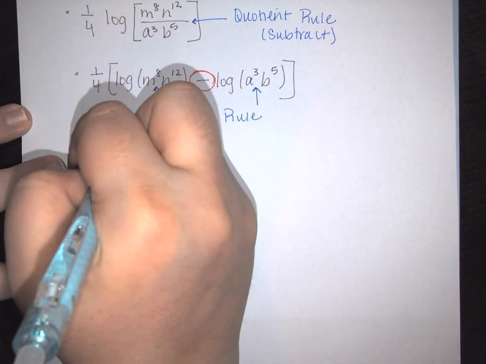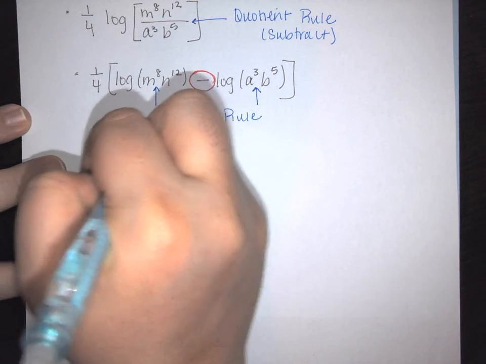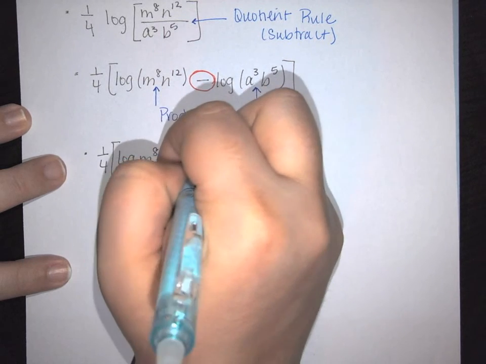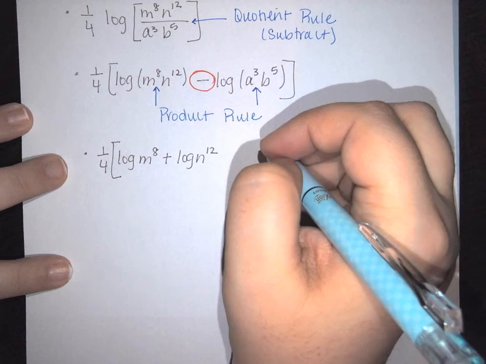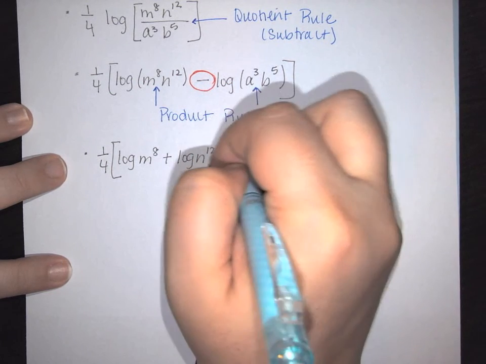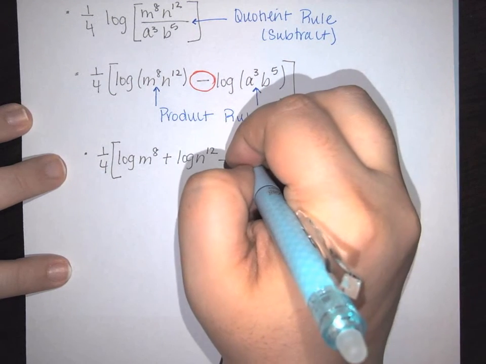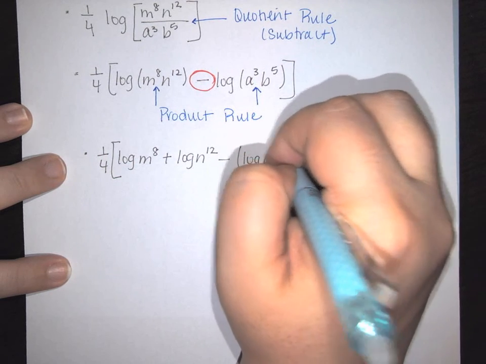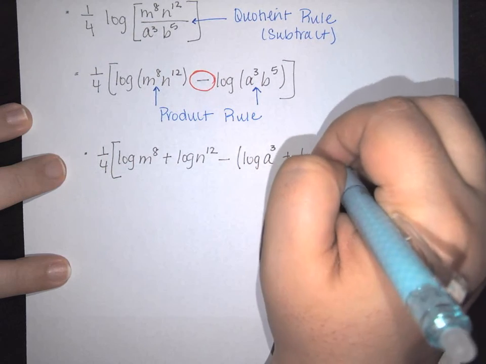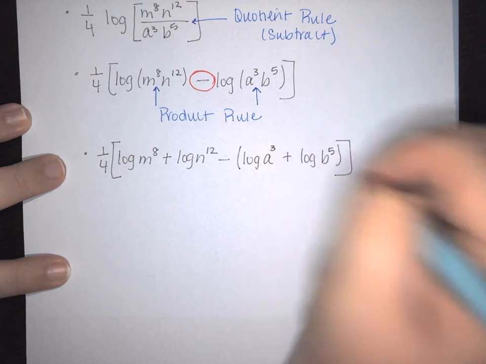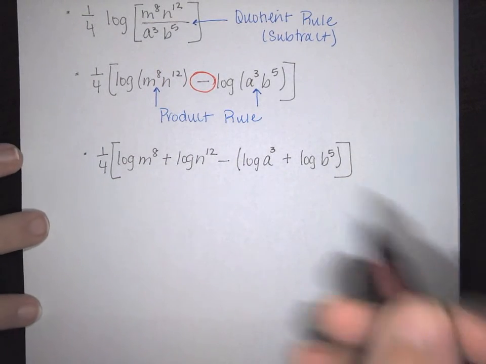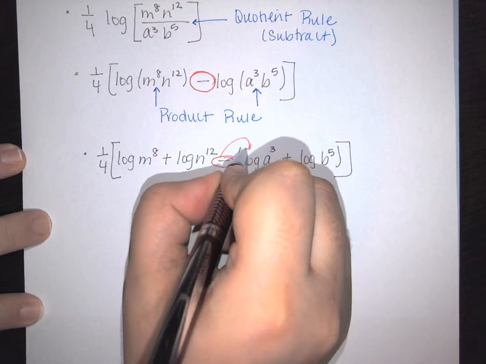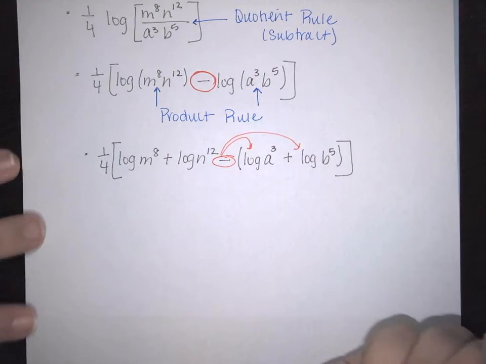But now what's going to happen here is I'm going to have the log of m to the 8th plus the log of n to the 12th. And this is going to be minus, and I need to open a parentheses because my product rule says that I'm going to have the log of a cubed plus the log of b to the 5th. Now the next thing that has to happen is that my negative here has to be applied into both.